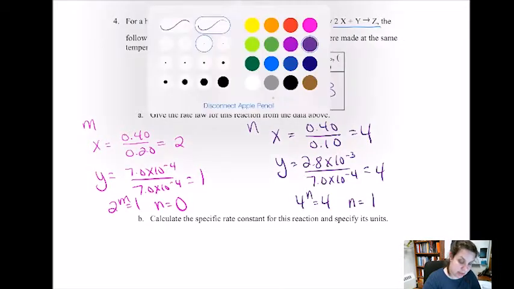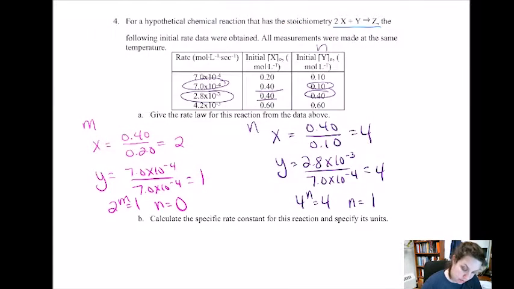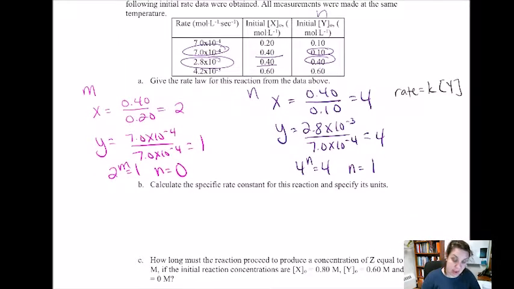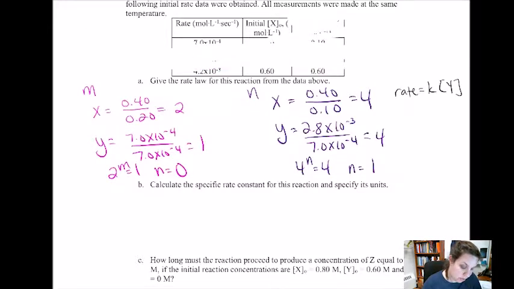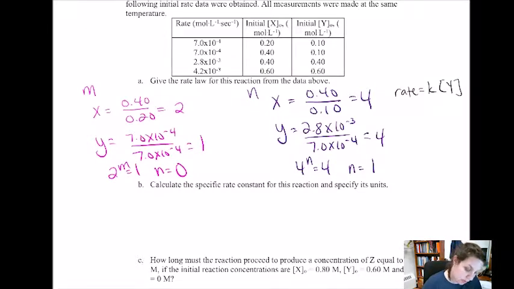So our rate expression in this case would be rate is equal to k times y. We're going to then use this data to figure out our actual k value. Again, I'll just stick with experiment number 1 and the data that's in there.